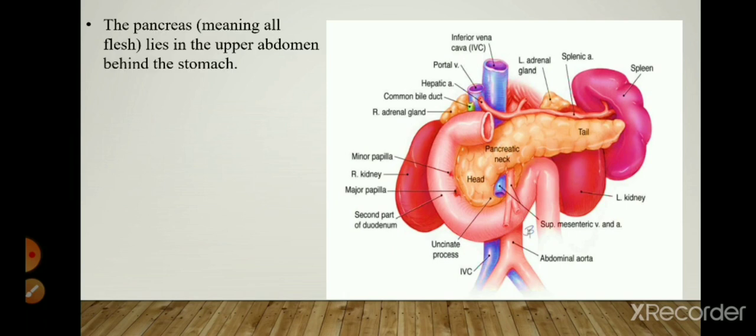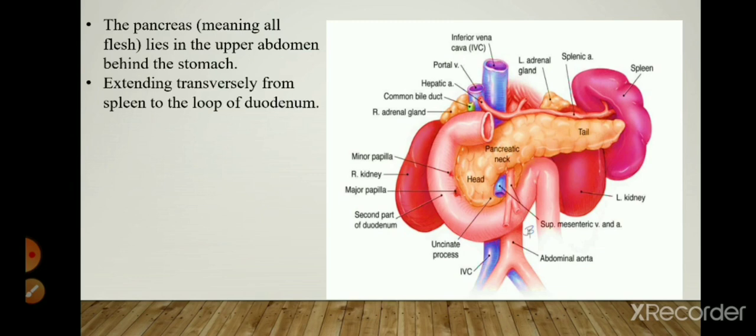As we see in the figure, the pancreas, which is completely made of flesh, lies in the upper abdomen behind the stomach. It extends transversely from the spleen to the loop of duodenum. The duodenum is the proximal part of the small intestine, where the head region of the pancreas is present. Actually, the pancreas shows three main regions.